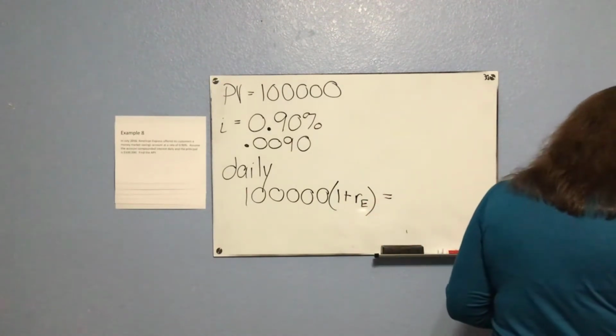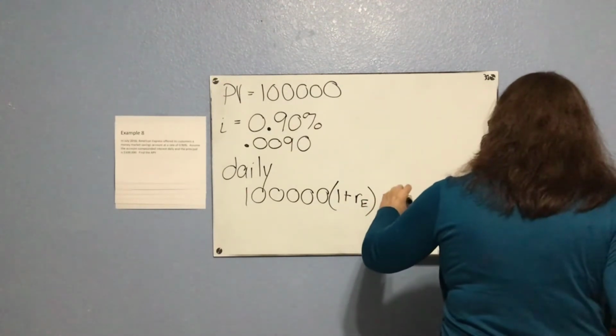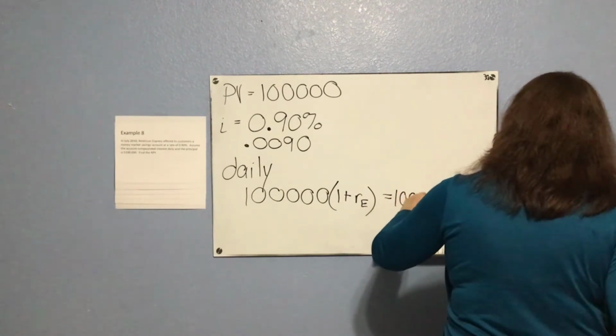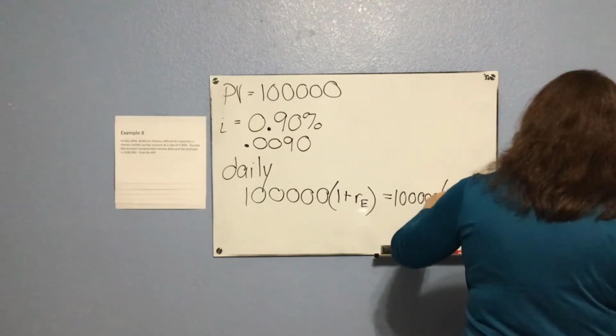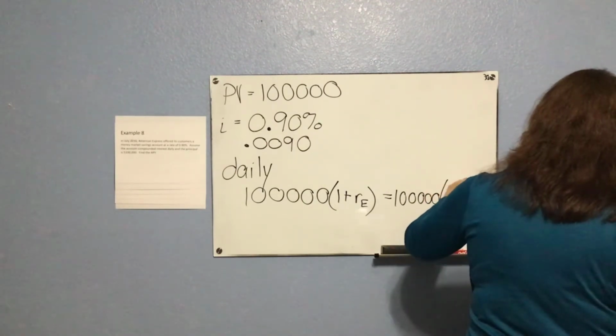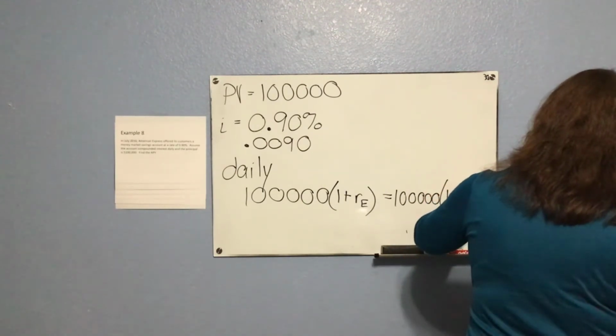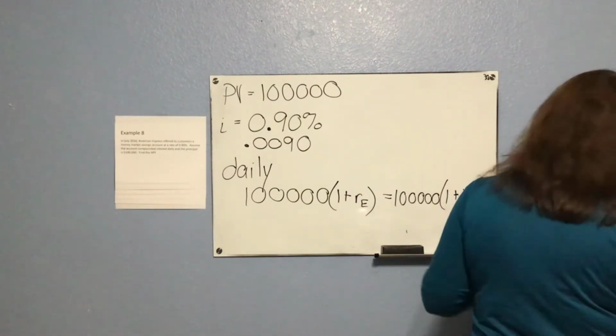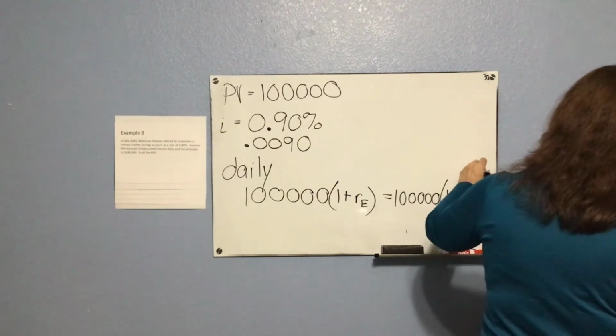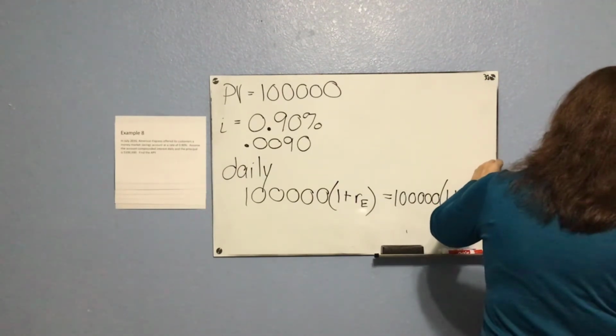And we're going to let that equal 100,000 times 1 plus 0.0090 divided by 365, since we're compounding daily, and then raised to the power of 365.